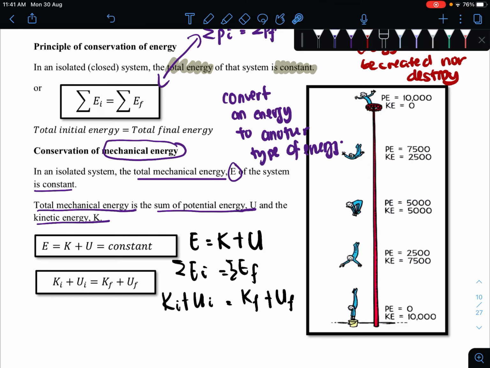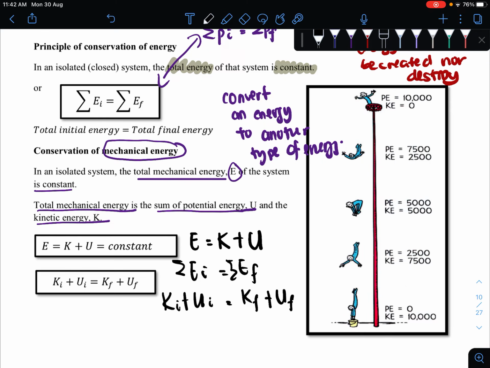Let us look at an example here. Let's say you have a person standing on top of a tower. Since this person is standing still here, he has no velocity, so his kinetic energy is zero. Because he is at a height, we don't know what the height is, but h from the ground, he will have potential energy here, because potential energy is mgh, gravitational potential energy.